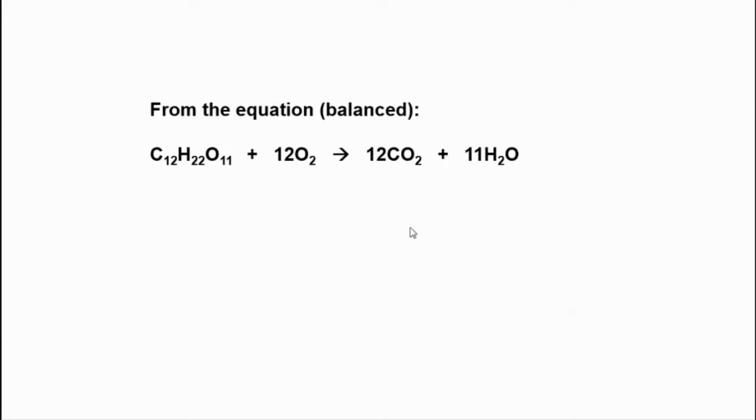From the balanced equation, 1 mole of sucrose needs 12 moles of oxygen gas. This is the stoichiometric relationship between the two reactants in this reaction. But we don't have 1 mole of sucrose.